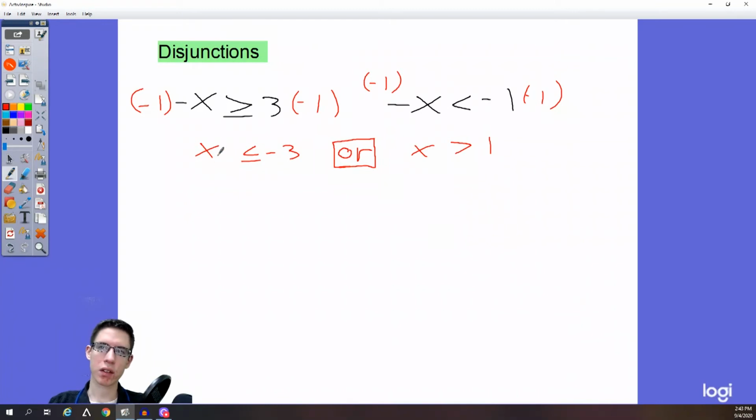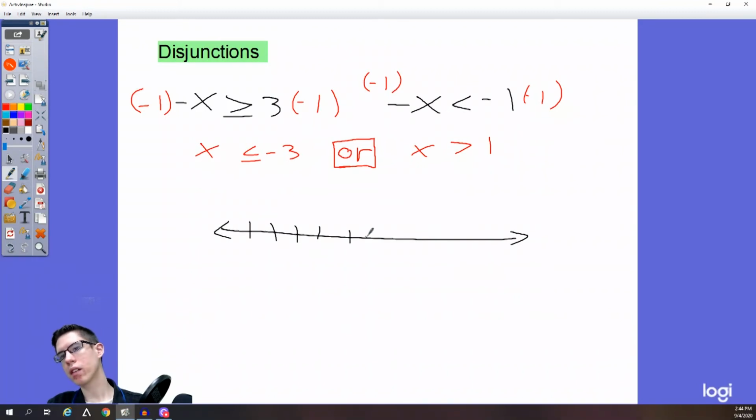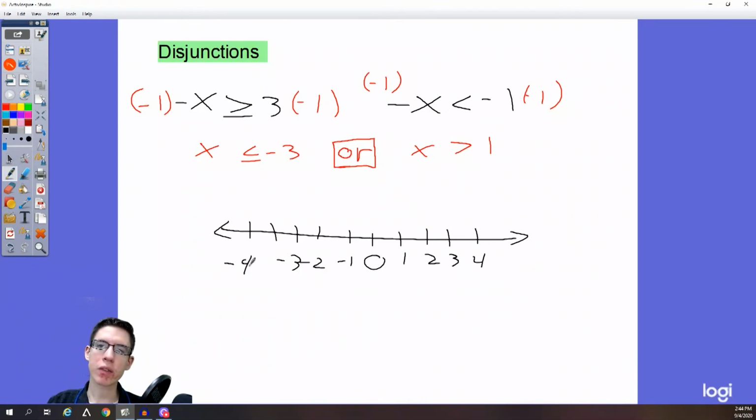If I were to sketch x less than or equal to negative 3 on a number line, which is what I'm going to do now, let's just toss in our little tick marks here. We'll put 0 dead center. Say 1, 2, 3, 4, negative 1, negative 2, negative 3, negative 4.